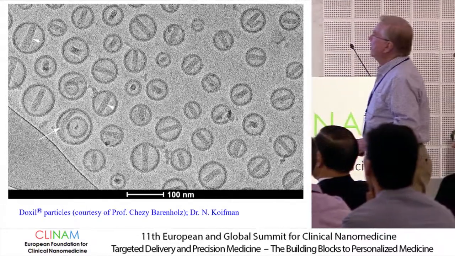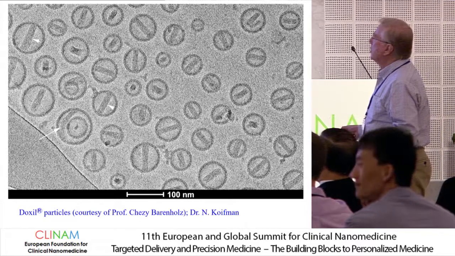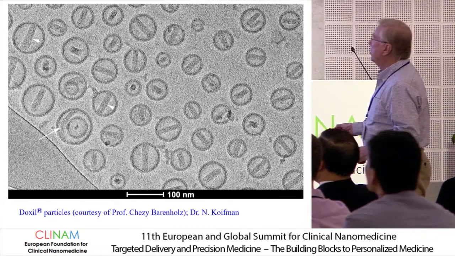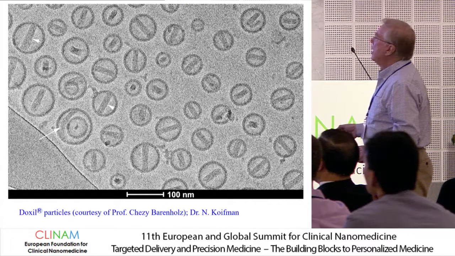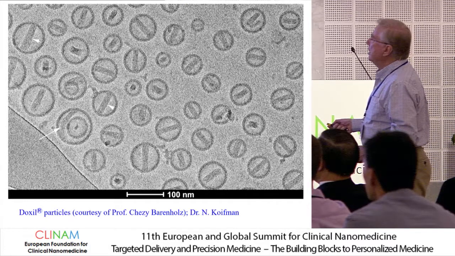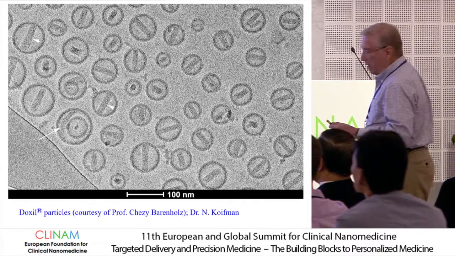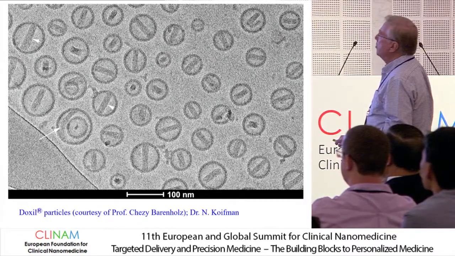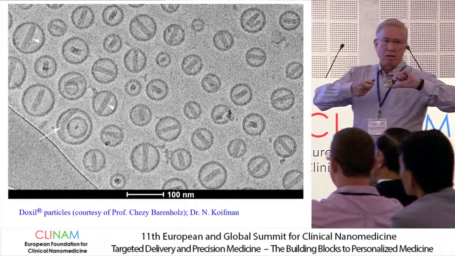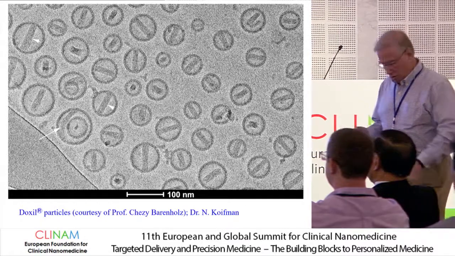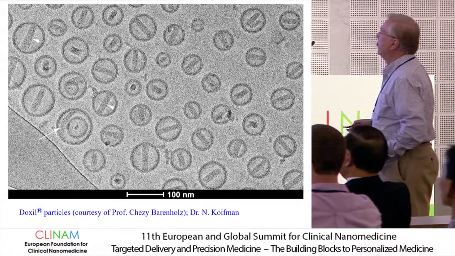Nowadays, with this combined technology, we are able to show in each liposome the bilayer of the lipid membrane. Inside, we can see the Doxil crystal, and even more, you can see that in some places the Doxil crystal is twisted. So this is just to demonstrate what you can do with that.